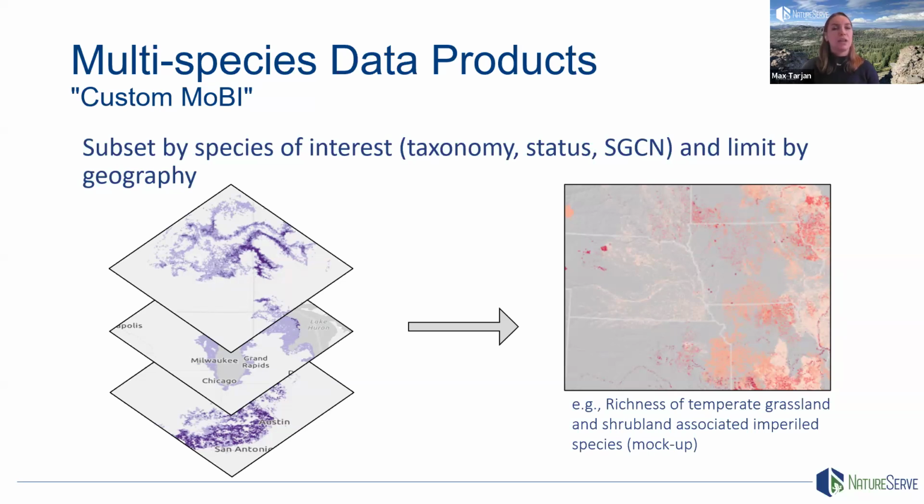We are also working to establish species habitat relationships for all species, and that will allow for custom MoBI products where you're looking at species that are associated with certain habitats. So for example, a goal is to be able to show the richness of imperiled species that are associated with temperate grassland or other habitat types.